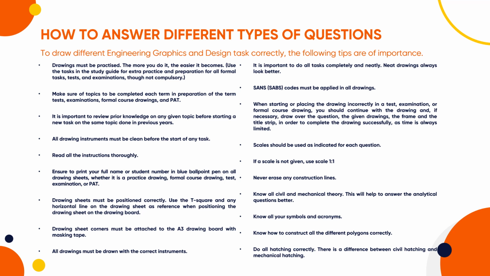Also, please ensure to print your full name or student number in blue ballpoint pen on all your drawing sheets, whether it is a practice drawing, especially with exams, ladies and gentlemen. On your instruction page, you need to make sure that you add your student number and your name and surname. But on every single page, on your title strip in the left bottom corner, there is space for your name.